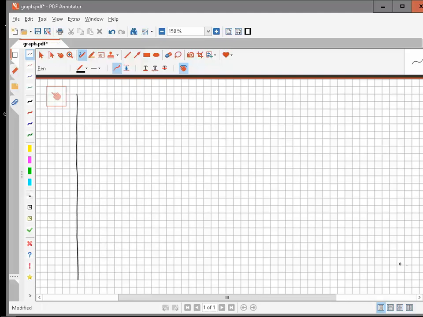Ideally, you would use a ruler to draw these lines. And label them. That's height in meters. That's time in seconds.